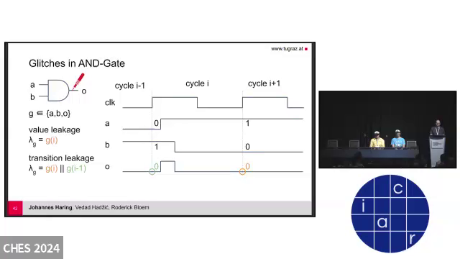The same thing goes for transition leakage, which covers the value at the end of the cycle and then the beginning of the cycle. In this case, those are still 0 and 0, so the glitch is still not covered.